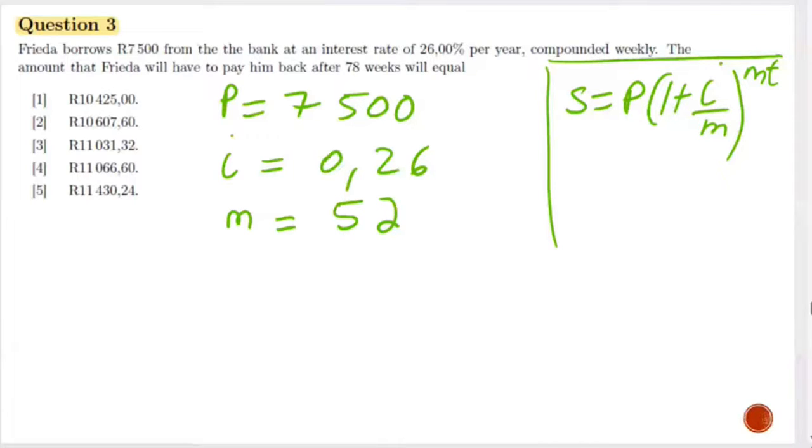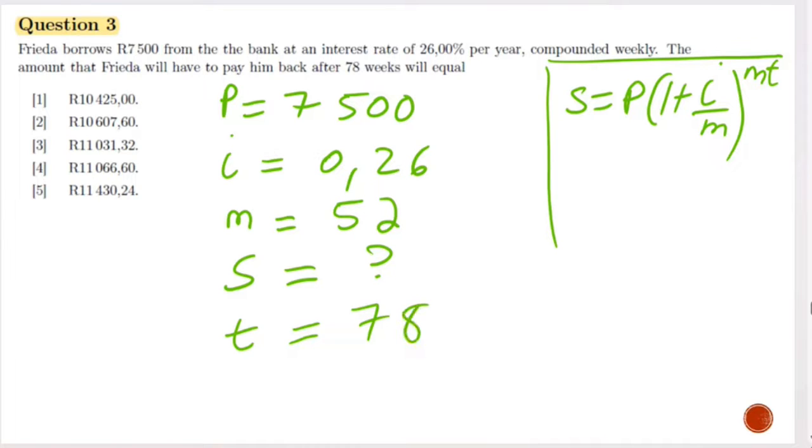M is your compounding periods, so M is 52. The amount that Frieda will have to pay, you have to look for S. You don't know S. And then after 78 weeks, your time here is equal to 78.